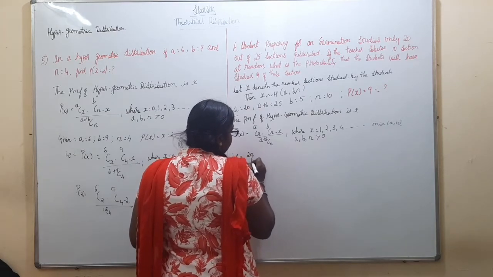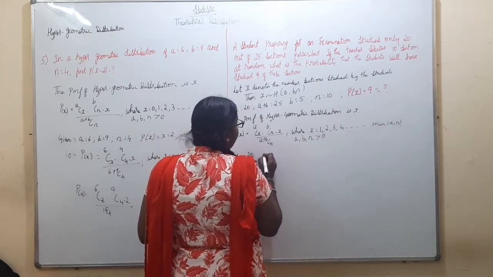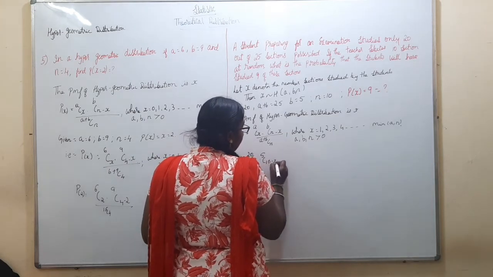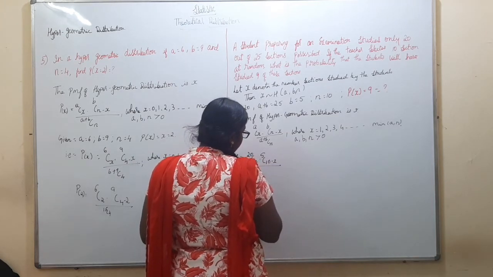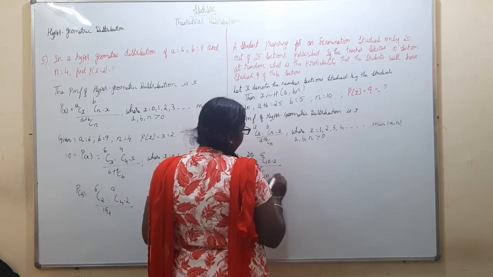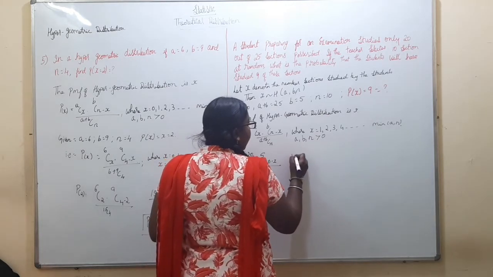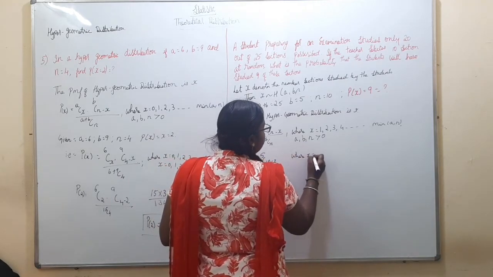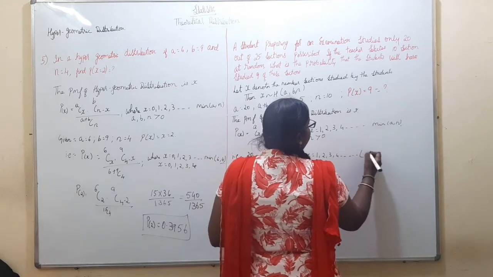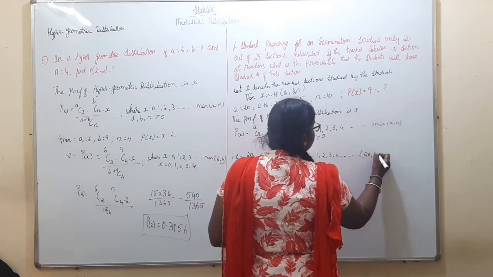That is, 20Cx into 5C 10 minus x divided by 20 plus 5 C 10, okay. This is the formula where x is equal to 1, 2, 3, 4 up to the minimum of A which is 20, and n which is 10.